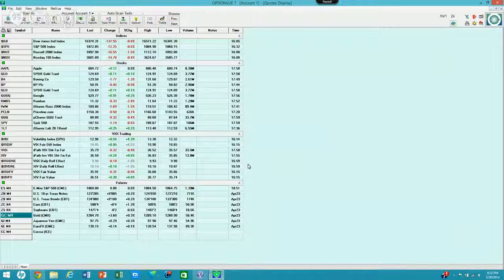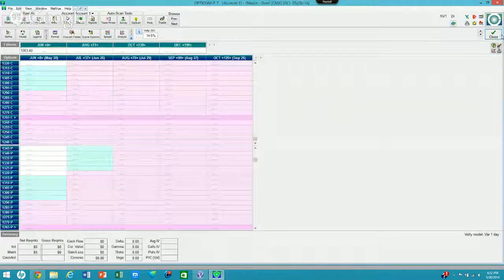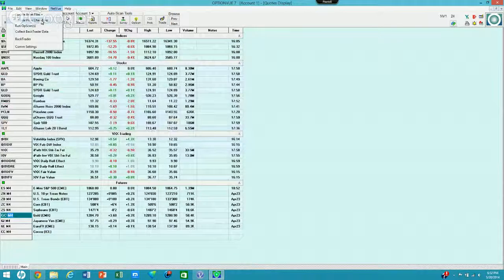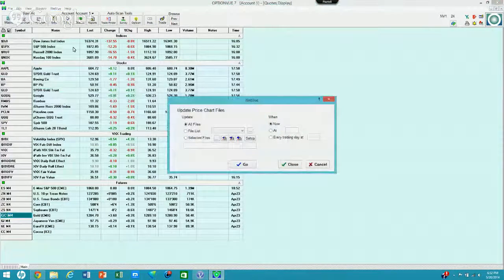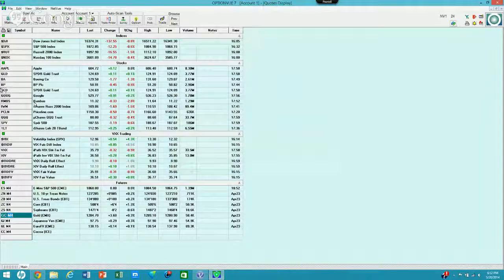Whoop, the little window went away. That's just the update. Let's see if that helped. No, it did not. Okay. Well, we'll try it again. Process complete.